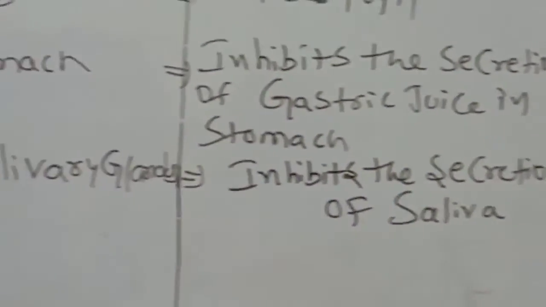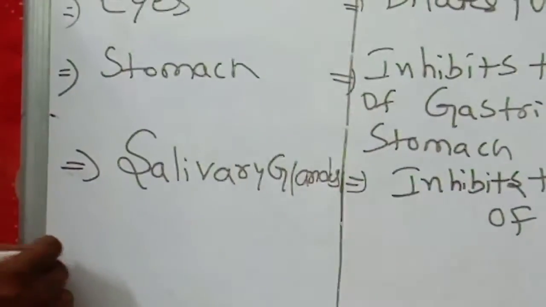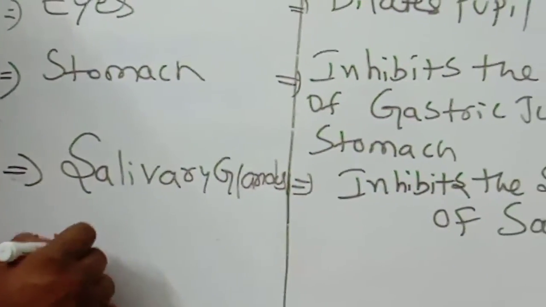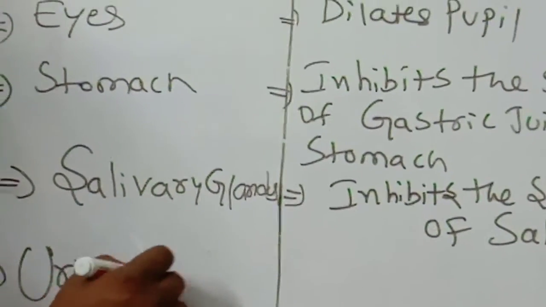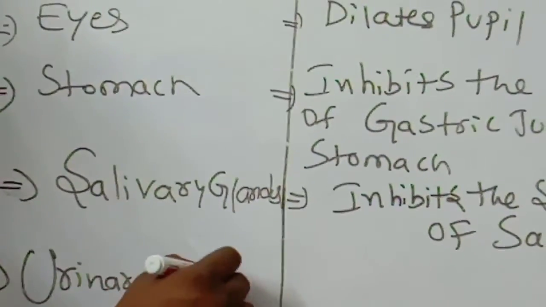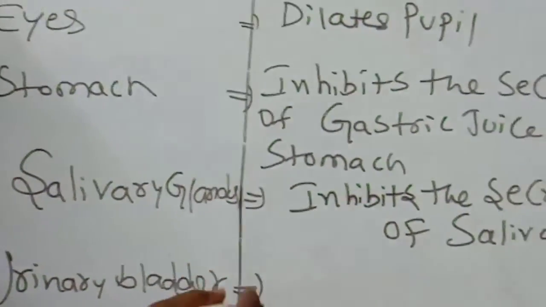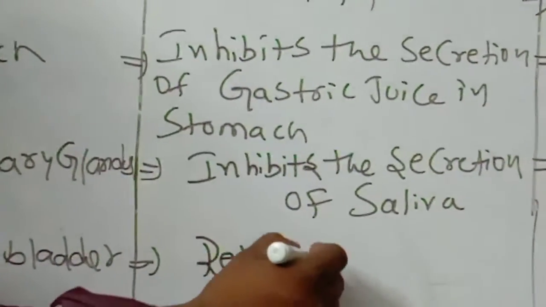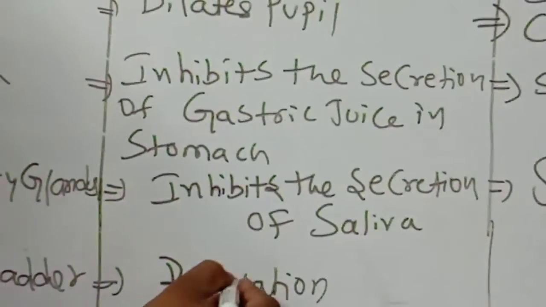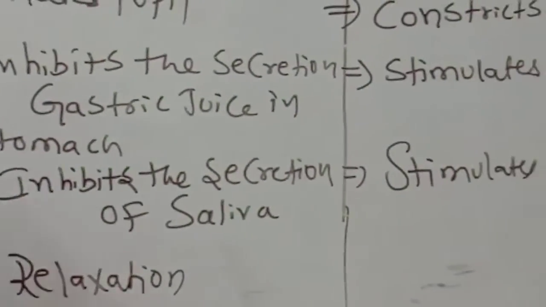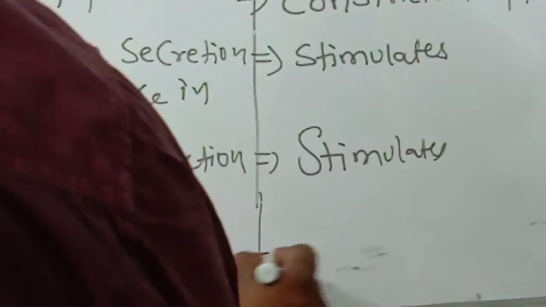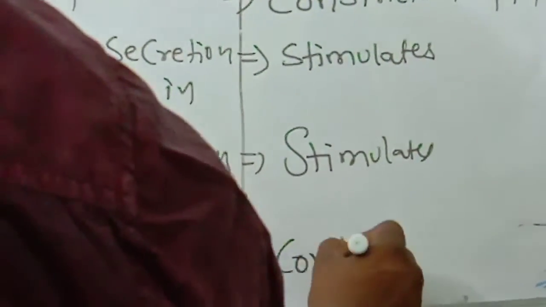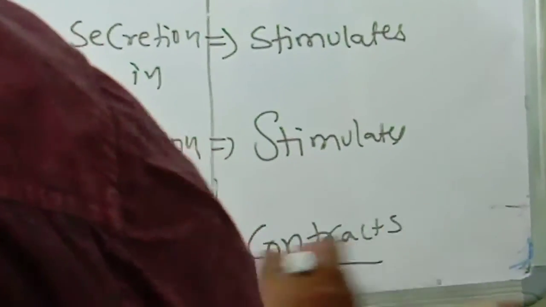Next, the urinary bladder, the last one. Here, sympathetic causes relaxation, and in this case parasympathetic causes contraction. It contracts the urinary bladder like this.